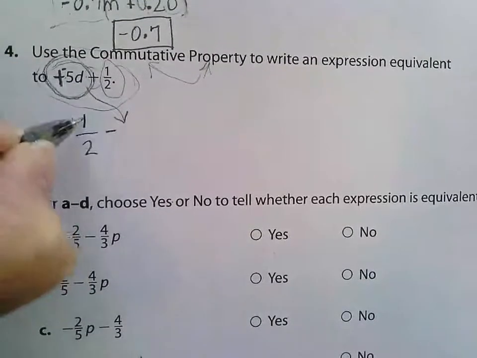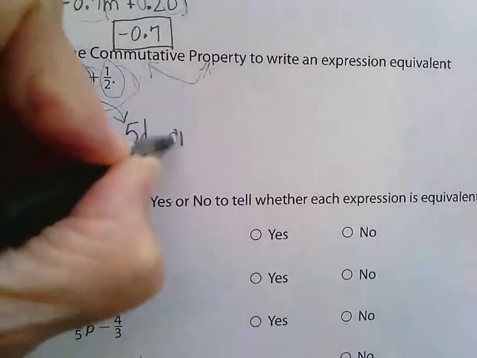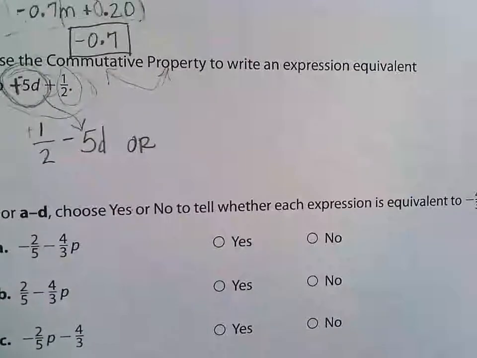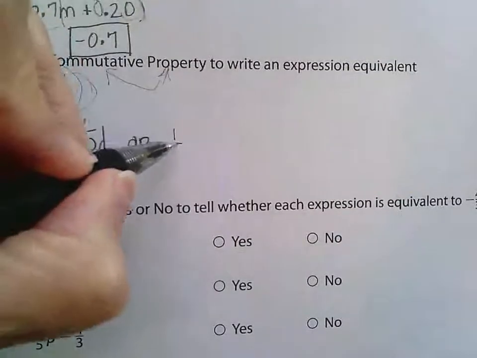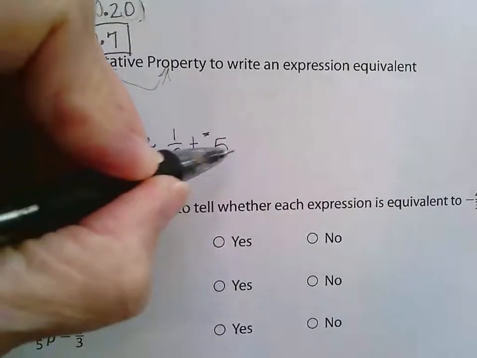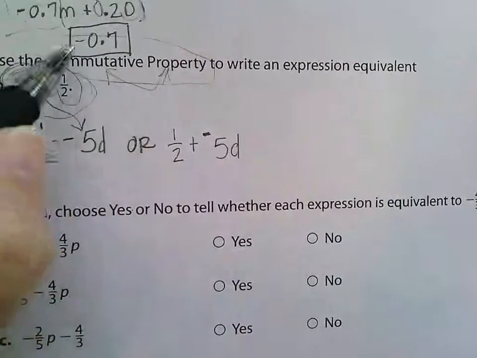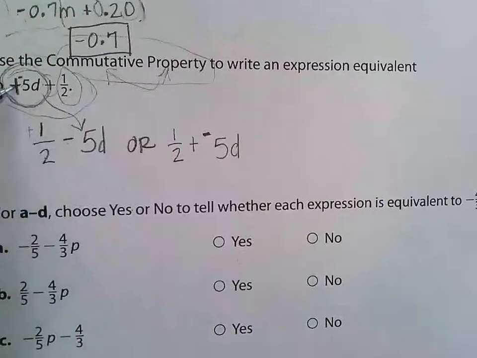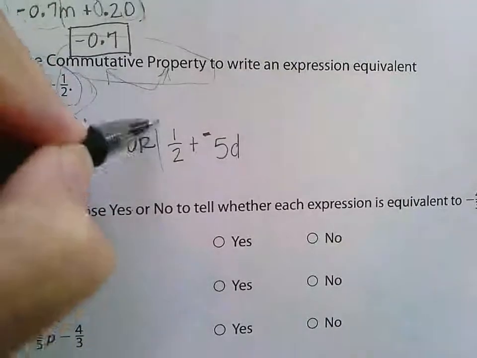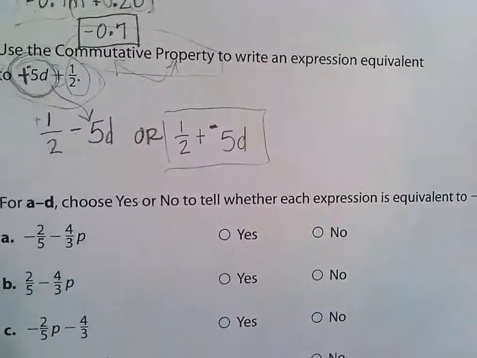So you could write it as 1/2 minus 5d, or the same thing would be 1/2 plus a -5d. And because they're talking about the commutative property, I think it does make the most sense to change this to an addition and this to its opposite. This one makes the most sense to me. This one would work.